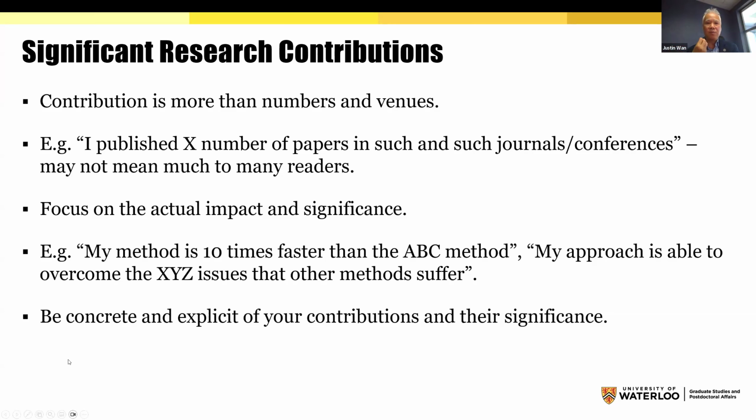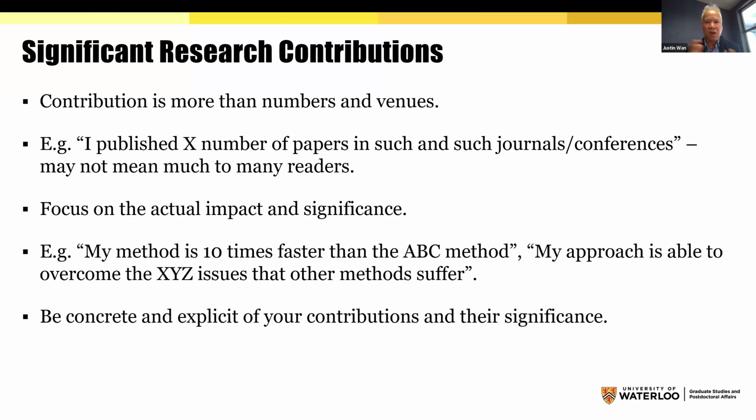So when it comes to contribution, it's more useful to talk about the actual impact, the actual research work that you've done or you're going to do, rather than saying I'm going to publish in these journals and these conferences, and the number of publications and so on. As Karen mentioned, the number is not always the criterion. So we try to think of the significance of the research.